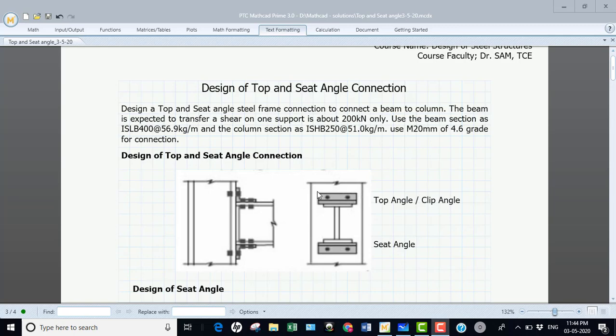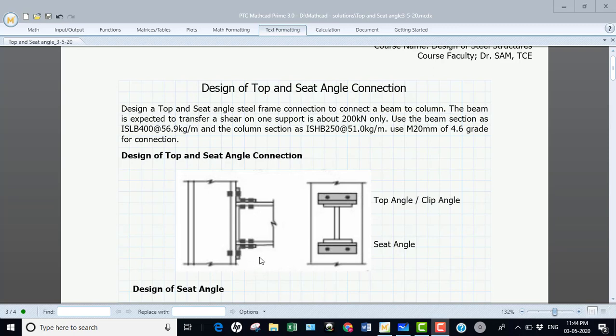So here when you see in the end view of this connection, this is the beam and this is the column, this is the top angle and this is the seat angle. The top angle sometimes is also called a clip angle. So in this top and seat angle design, there are two components to be designed. One is the design of the seat angle, that is dimensioning the size of the seat angle.